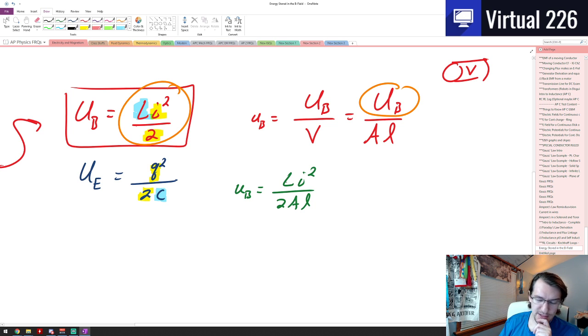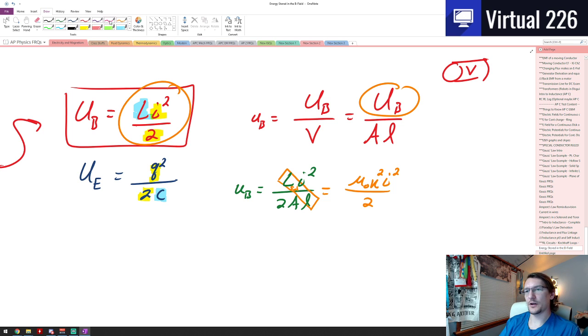If you go ahead and do this, and you know that this L is for a solenoid, you could actually expand this even further. If you haven't seen the inductance of a solenoid here, you could sub in this L over l, solenoid per unit length, for that value. And what we'd get out of this is going to be mu naught, turn density squared, little n squared, times the current squared all over 2.